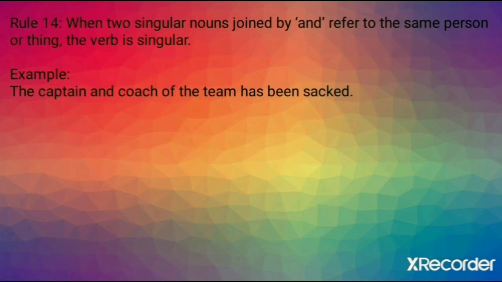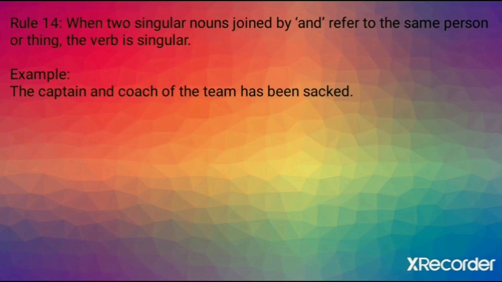So, students, here how are you going to identify whether the subject is singular or plural, even though the two subjects are joined with the help of the conjunction? It's easy. You have to just concentrate on the article used before the subjects. Here, captain and coach are two different subjects, but only one article is used, that is, the is used in front of the word captain.